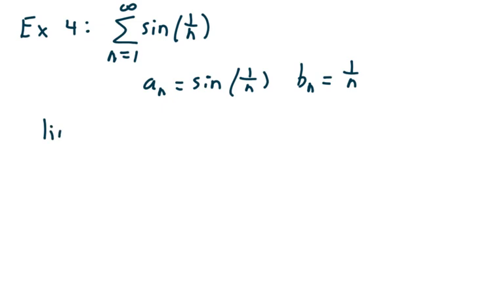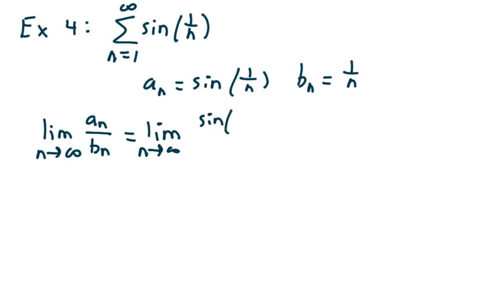Now, I'm going to look at the limit as n goes to infinity of an over bn. This is the limit as n goes to infinity of sine of 1 over n divided by 1 over n. So what I'm going to do is let y equal 1 over n.